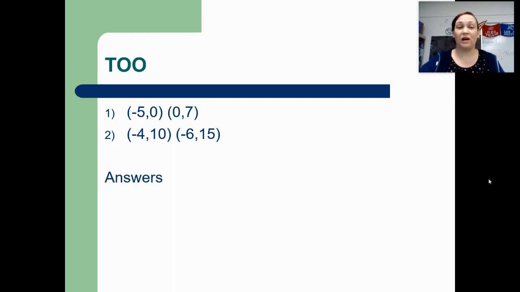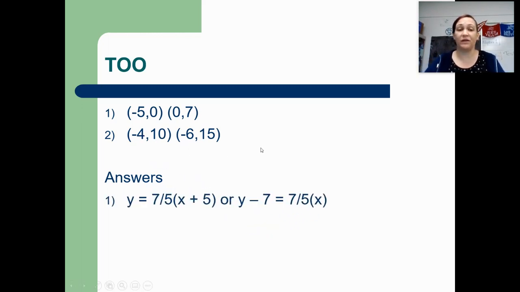So here's what I got. Now I'm going to write both options, and you only have to have one of them written on your paper. So as long as you got one of the two options, you're good to go. Okay, so for problem number 1, here are my two options for my final answer. You can see in both options that my slope that I calculated is 7/5.